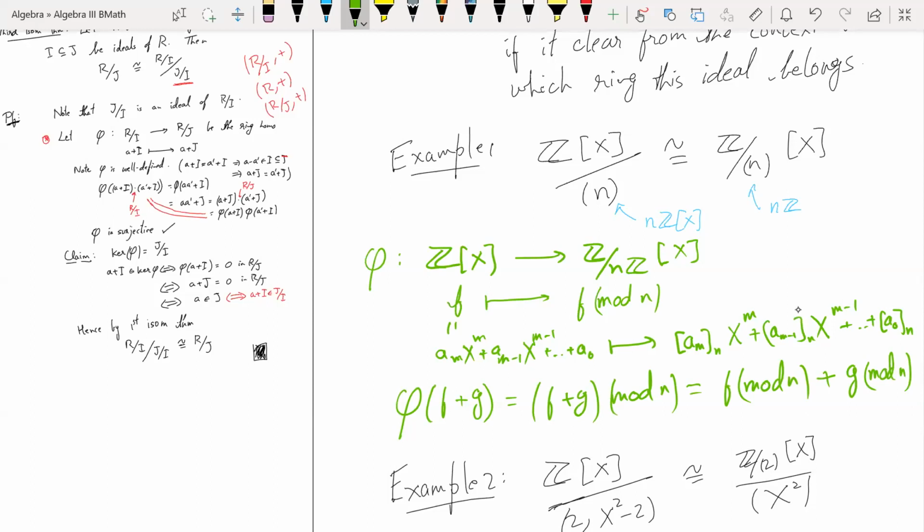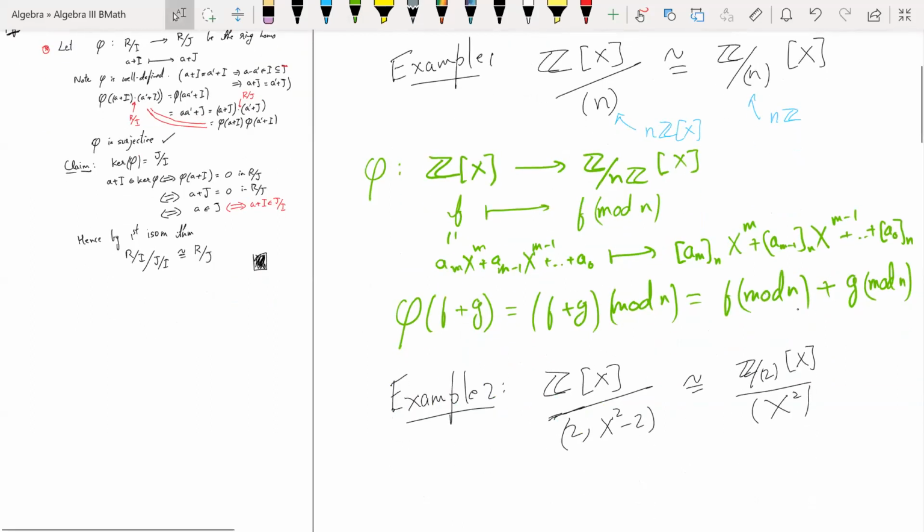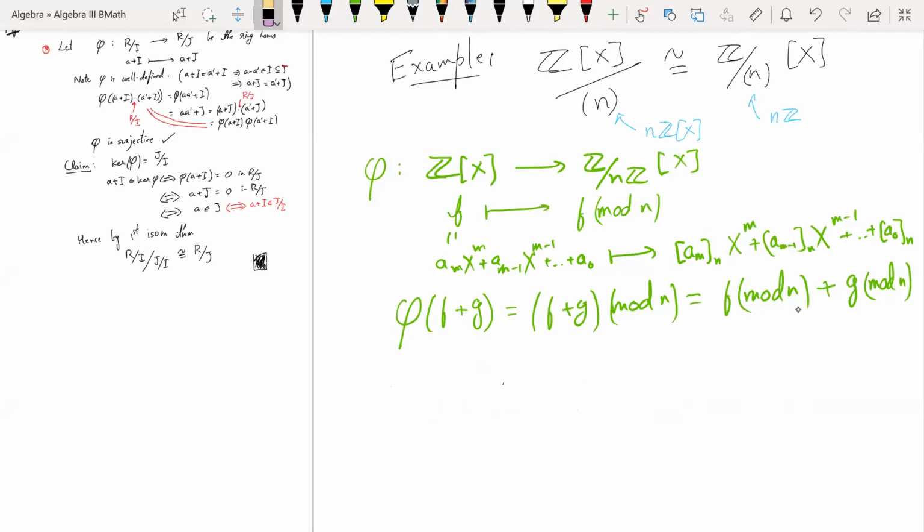I have brought in the second example right away. So this tells us that this is the same as phi of f plus phi of g. And similarly, you can check for multiplication.